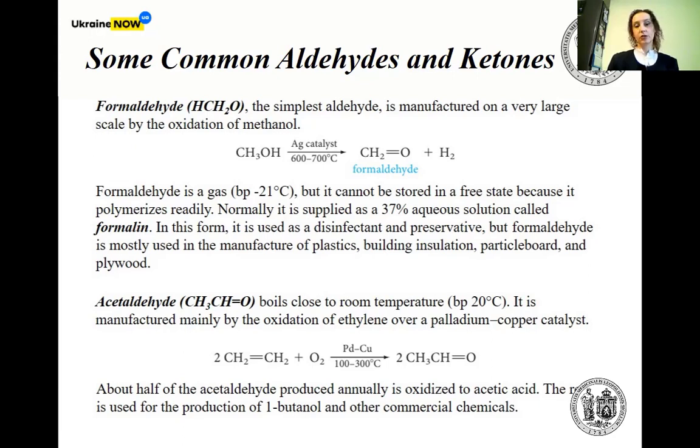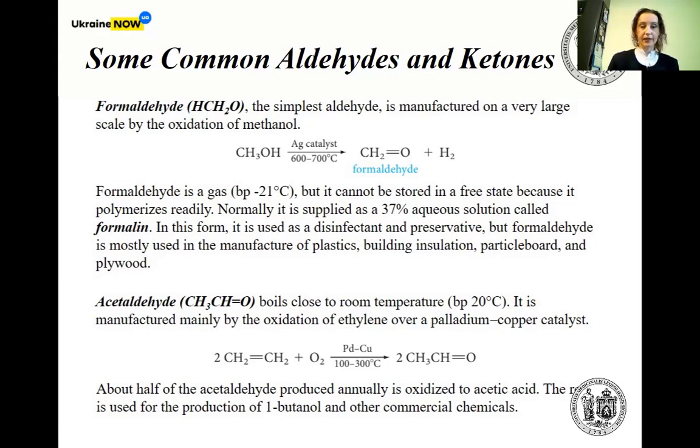But it can be dissolved in water. The highest concentration is near 40%. Sometimes you can meet the number 40% aqueous solution, and this solution has a specific name, formalin. It's used as a disinfectant, preservative, and the same compound can be used for manufacture of plastics, building insulation, particle board, and plywood.